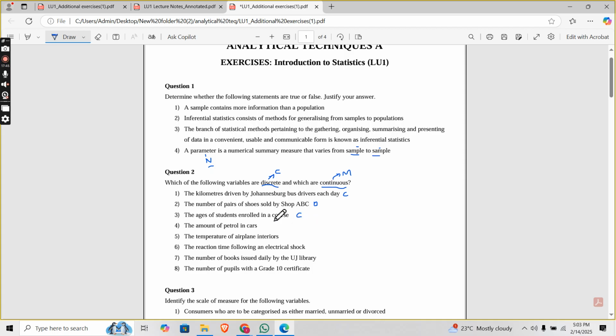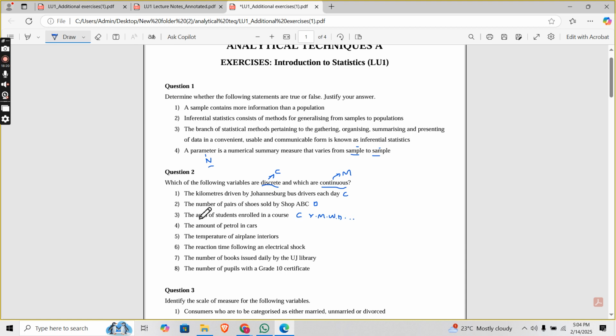It's because the ages are measured in years, months, weeks, days, hours, minutes, and so on and so forth.